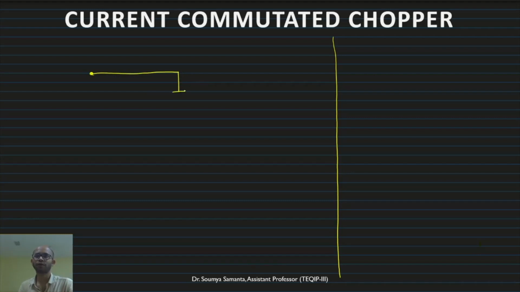So what was the previous circuit? This is the thyristor, and this is the diode, which is used for the freewheeling purpose.